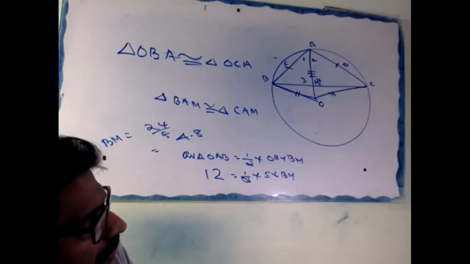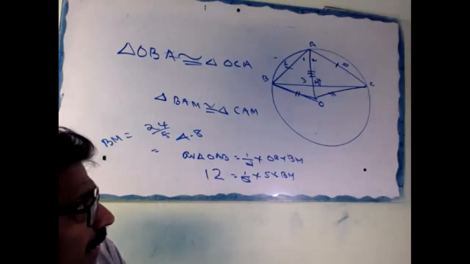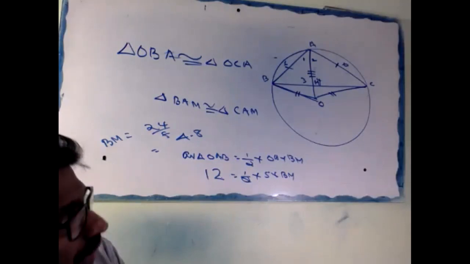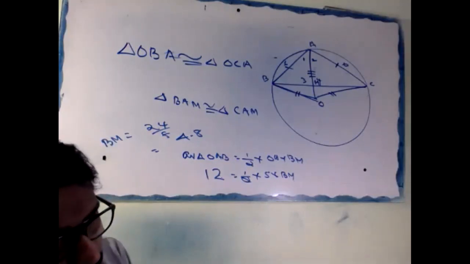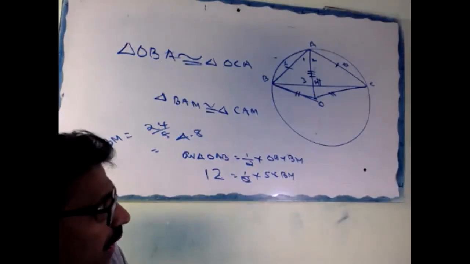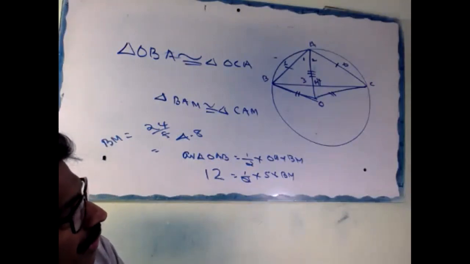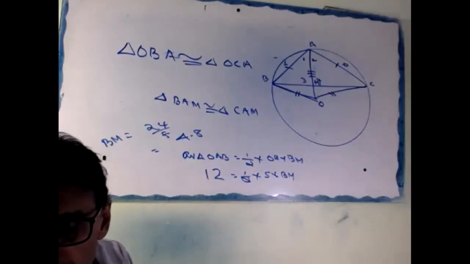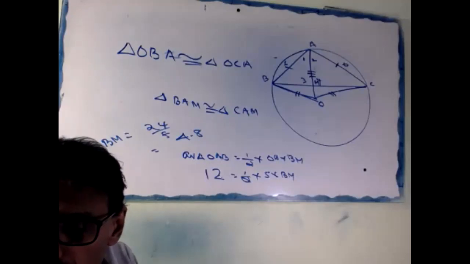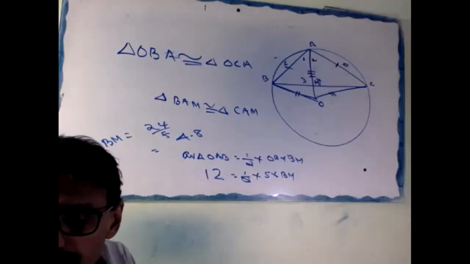OB equal to OC, same radius. AB equal to AC, given. OA equal to OA, common. Therefore, triangle OBA congruent to triangle OCA.